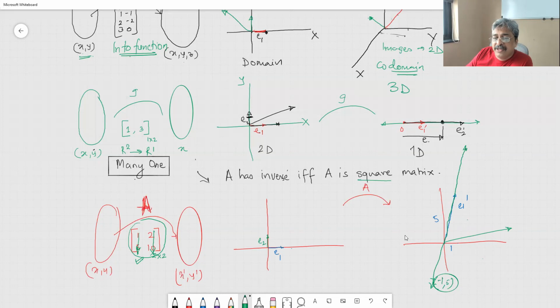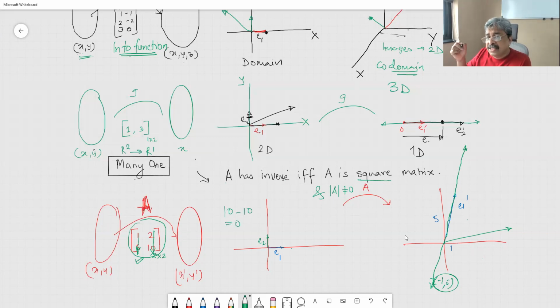We just cannot take the inverse in that case. Therefore, A has an inverse if and only if A is a square matrix and the determinant of A is not equal to 0. Now you will find the determinant of this is equal to 0. 10 minus 10 is equal to 0.